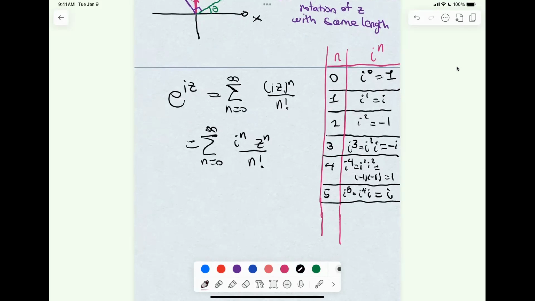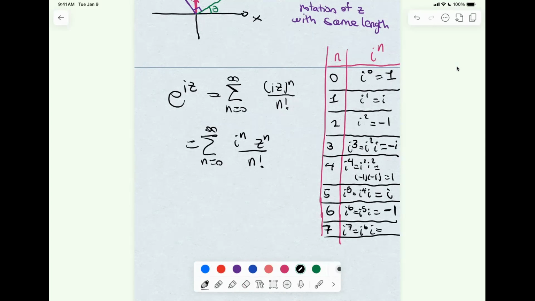Then i to the 6 is i to the 5 times i, and it's i times i, which is -1. And then i to the 7 is i to the 6 times i. Let me put -1 here so that it's more clear.